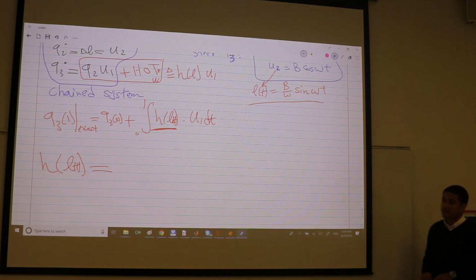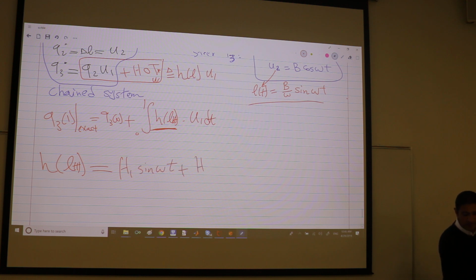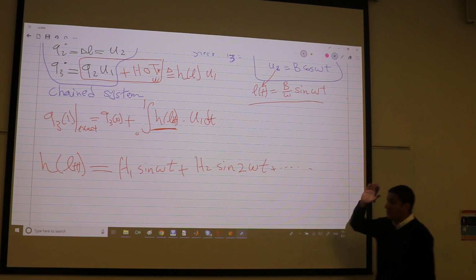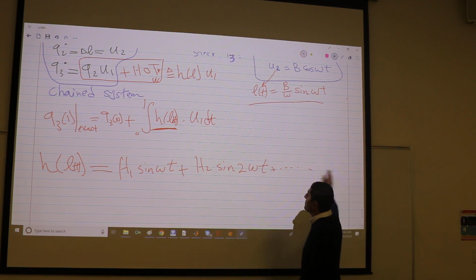What will the Fourier transform give to you? Well, this will be some amplitude at the fundamental frequency, some other amplitude in general at twice the frequency. If it's an odd function, I can expand it in a sine series, or sine and cosine with some phase shift, plus so on. Because of nonlinearity there can be higher harmonics.